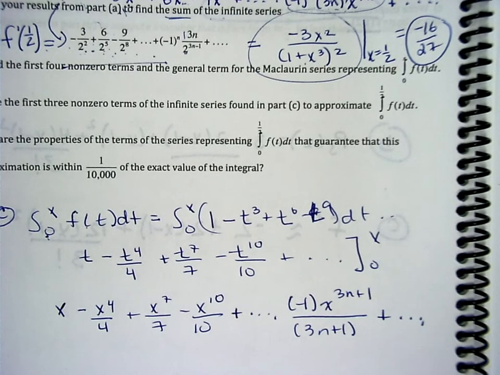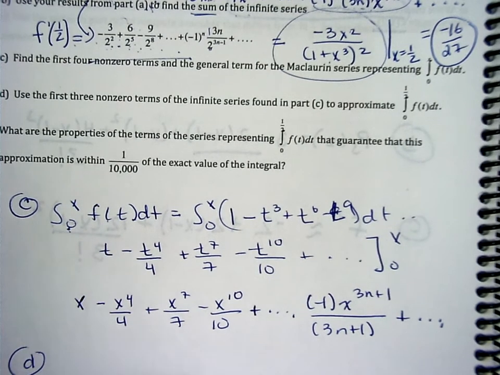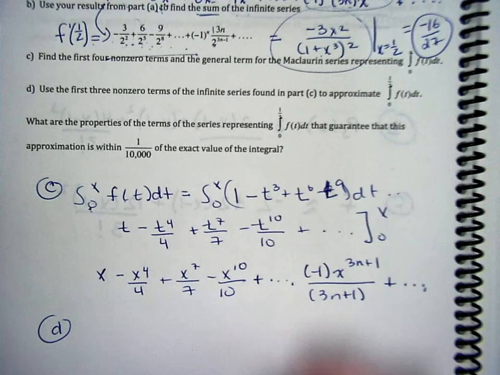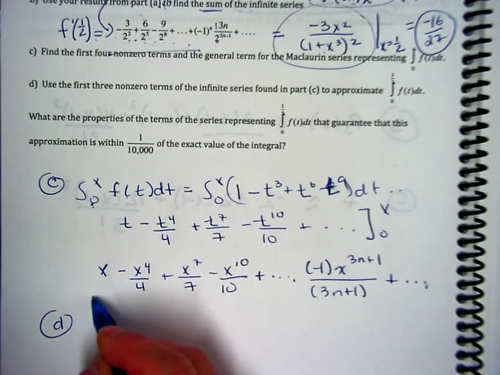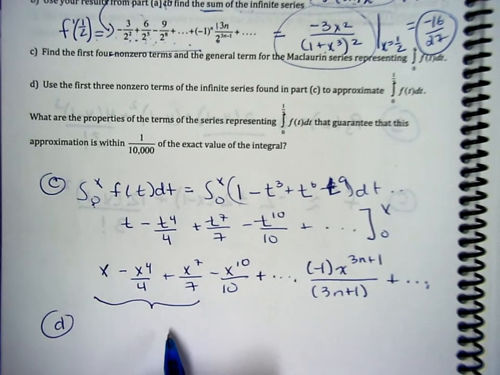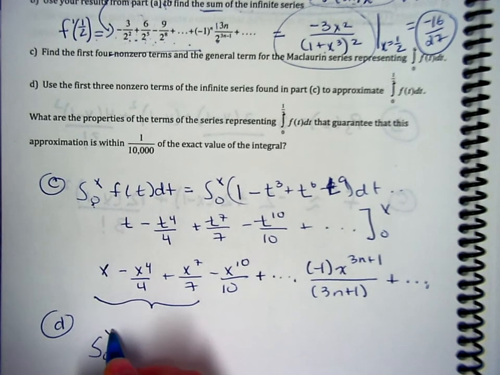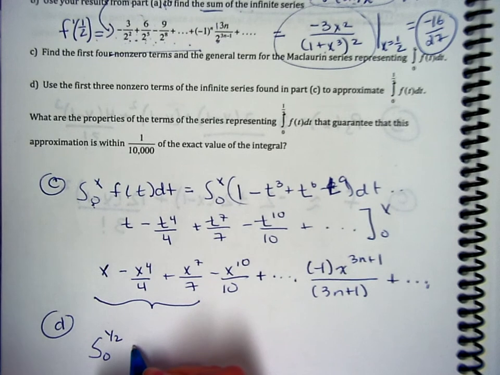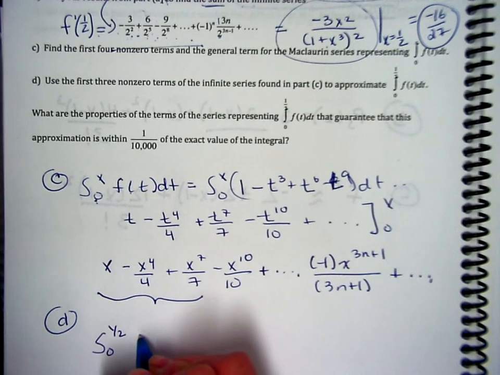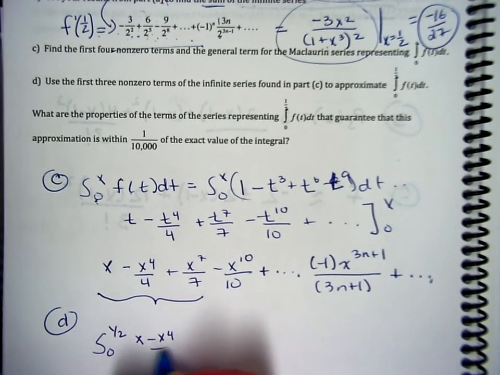Lastly, part D. It says use the first 3 non-zero terms found in part C. So here are my first 3 terms in part C to approximate this antiderivative. So I'm going to integrate x minus x to the 4th.